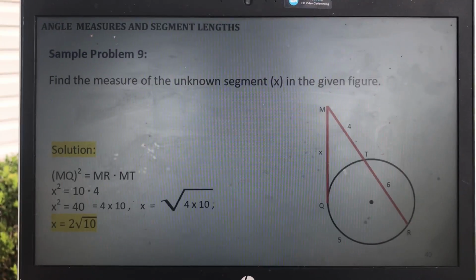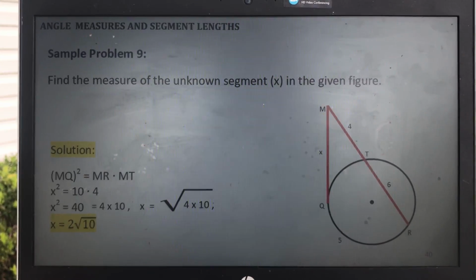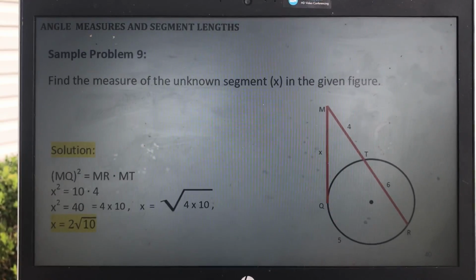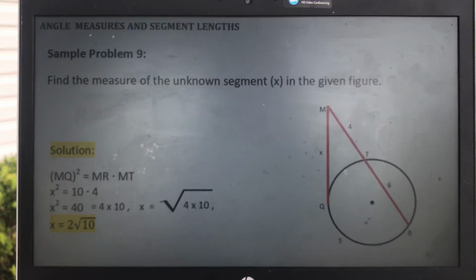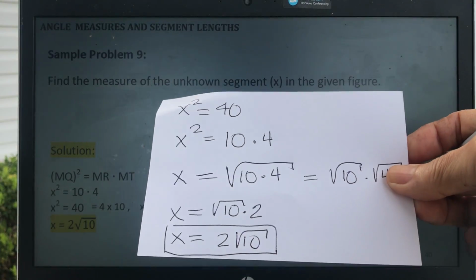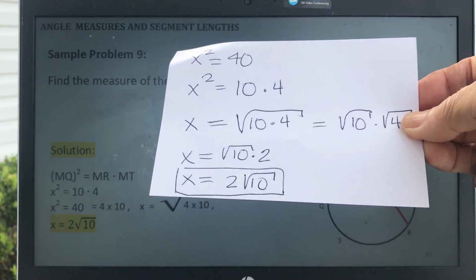Now we set up our equation. We simply substitute the values. MQ equals x, so x squared, MR measures what? 6 plus 4, and that's 10. And MT, which is the exterior segment, measures what? Measures 4. So x squared is going to be equal to 10 times 4. Using the same operation we did in our past example, x squared equals 10 times 4. x equals the square root of 10 times 4.